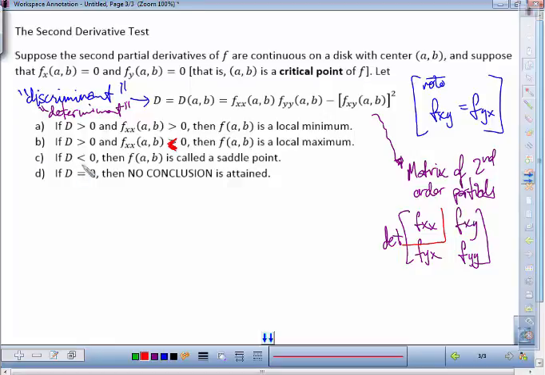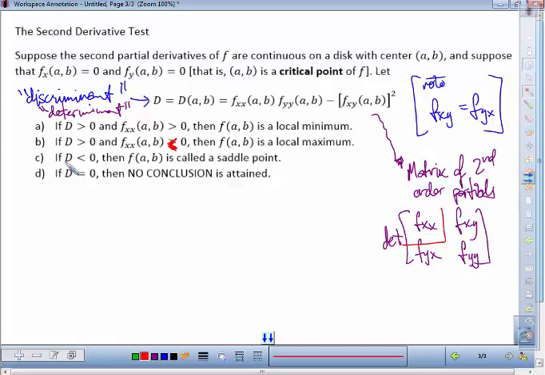If your determinant itself is negative, then there's something stranger happening. That's when you get a saddle point. In the book, they say it's neither a local max nor a min. It actually turns out to be a saddle point. And the book doesn't include D equals 0 either, but I'd like to put that there to stress the fact that if your discriminant is actually equal to 0, then there is no conclusion you can make about this point being a local max, a local min, or a saddle.